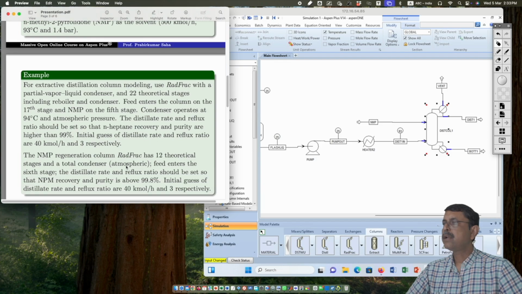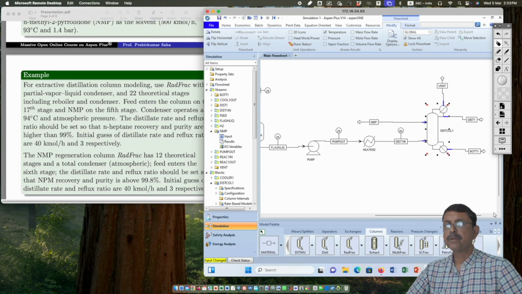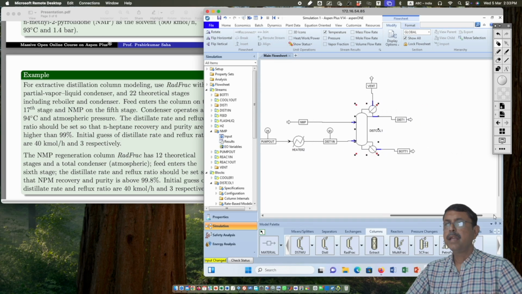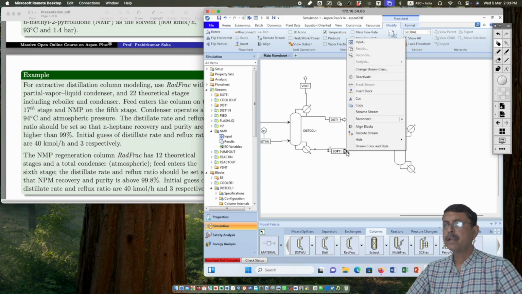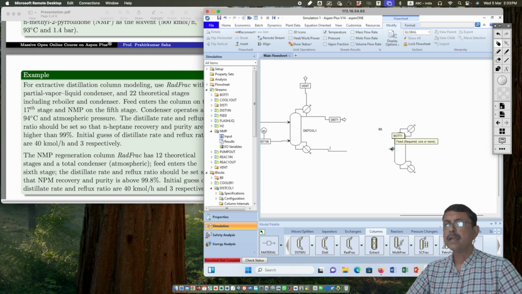Now the bottom product of this distillation column is fed to a second column, which is the NMP regeneration column. So we need another RadFrac column over here, and we will connect this one over here.